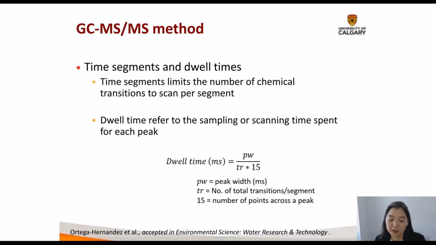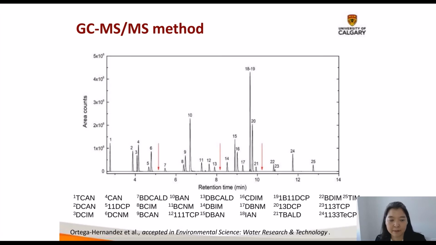So we determined the dwell time based on the peak width divided by the number of total transitions per segment, times 15. 15 is the number of points we wanted to have across a peak. And with this, we had a really nice separation of all of the 25 disinfection byproducts. The red arrows signal the different time segments, and we had a really nice peak shape as well for these disinfection byproducts.